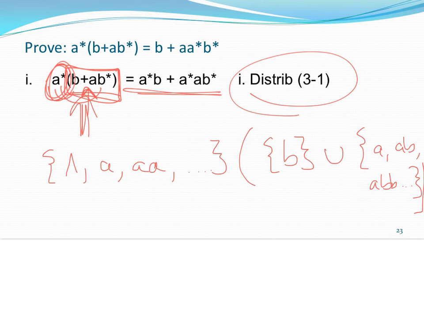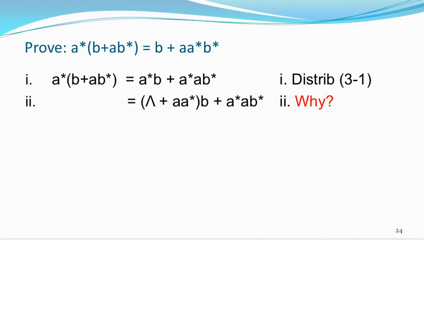Anyway, let's keep going with this problem that we have. I've already finished step one. I've given you a reason for step one. Let me show you what my next step is. So here's the next step I did in my proof. Can you tell me why I'm allowed to do that? Just pause for a minute and look. And of course, if you look at the closure 5.2 rule, we used this one before, right?